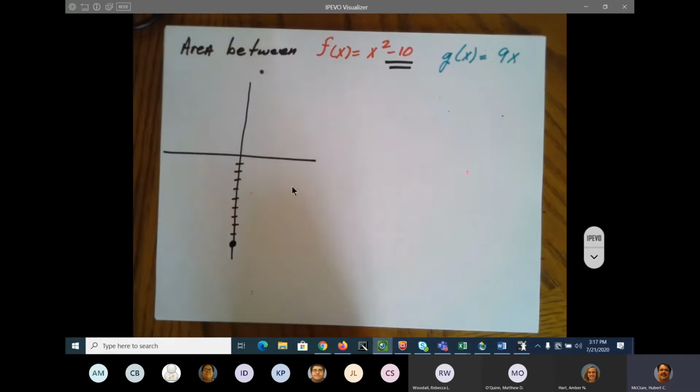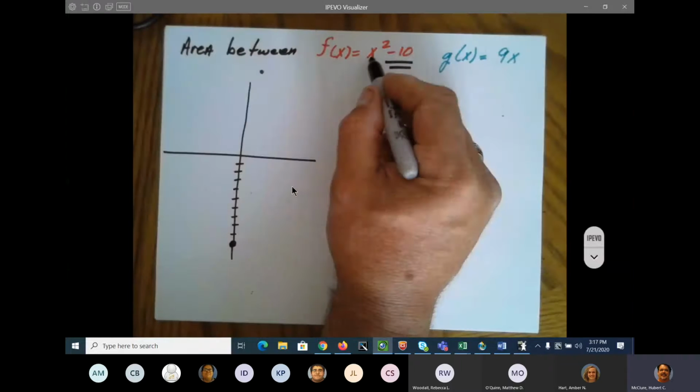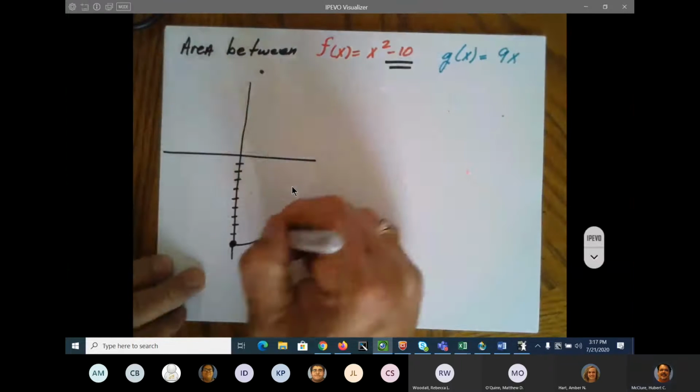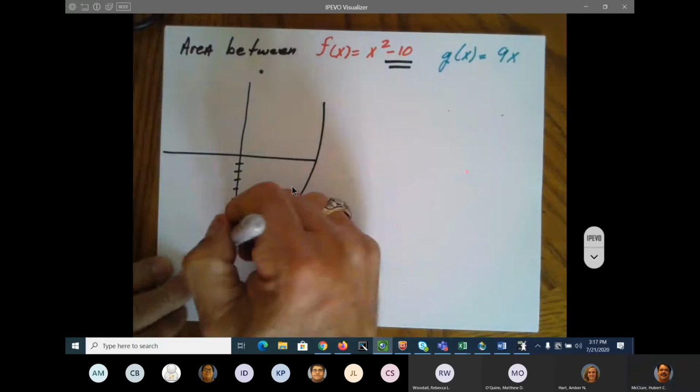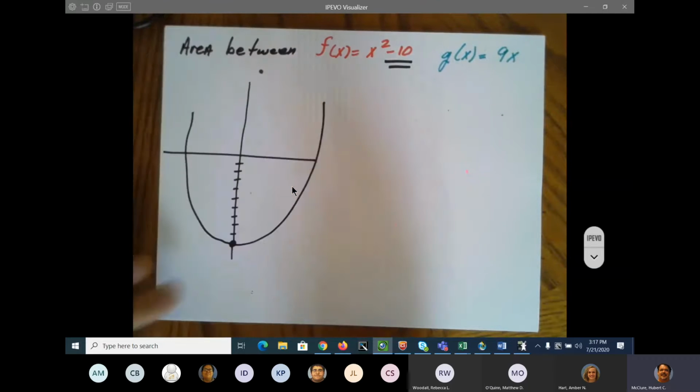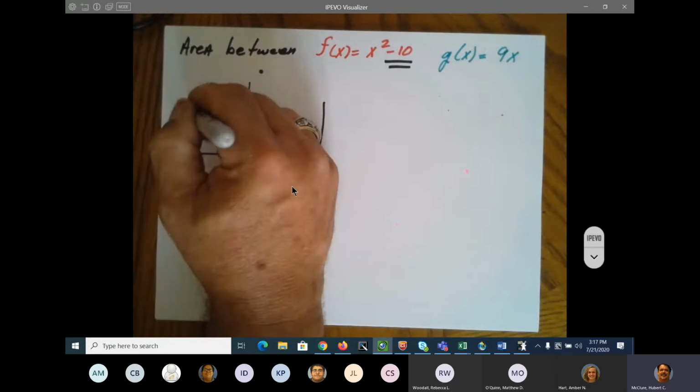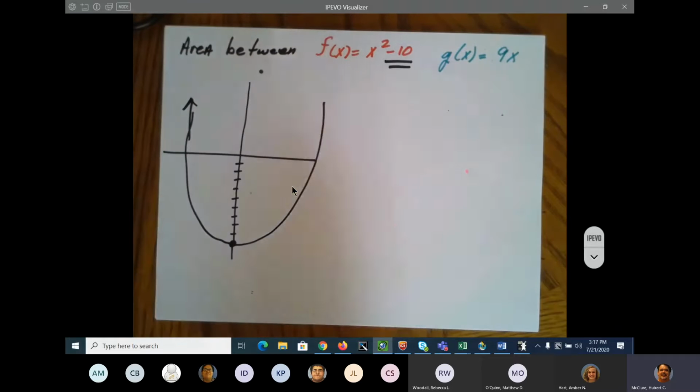And the parent graphs tell you that it's opening upward, and it looks like a parabola. I'm exaggerating it a little bit because I want you to be able to see the area real good. So I'm making it a little bit wider than it would be. And I forgot to write it in orange, so I'll highlight it in orange so you'll know that's f of x.